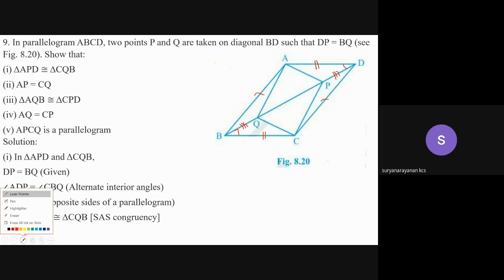By CPCT, we can say that AP is equal to CQ. How do you say AP is equal to CQ? By CPCT. Yes or no? I marked them by Roman number 4 in the figure. Are you observing that point?